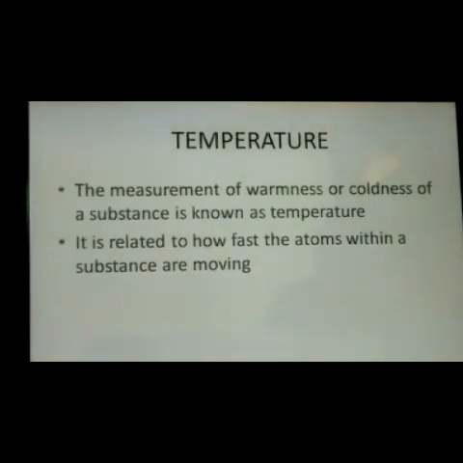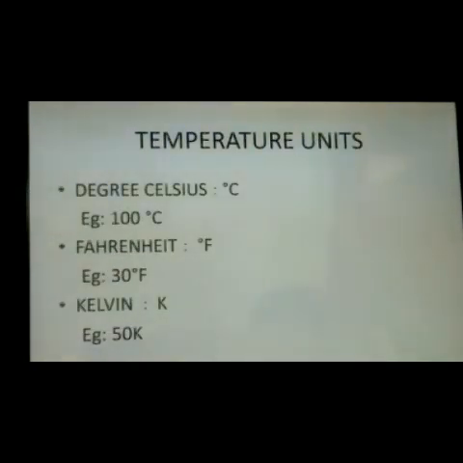It is a measure of the average kinetic energy of the particles in an object, and temperature is related to how fast atoms within a substance are moving.